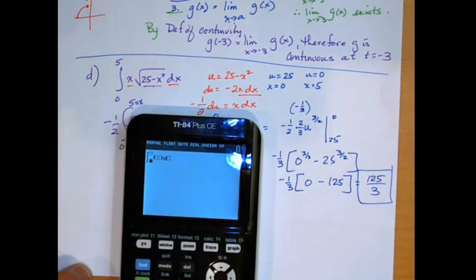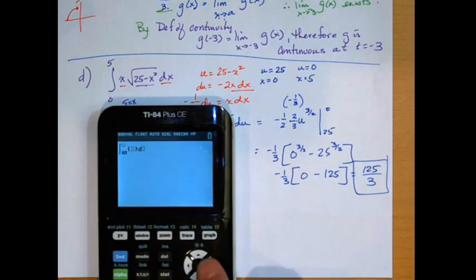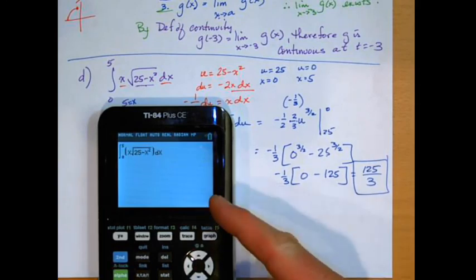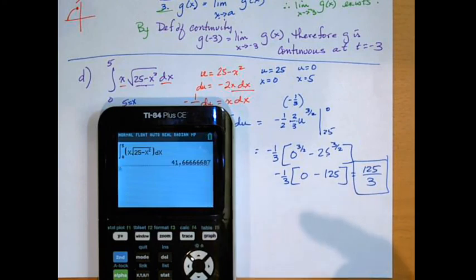So we're going to look at the definite integral from 0 to 5 of x times the square root of 25 minus x squared dx, and it's going to come up with 41.6766666 whatever. That's 125 over 3. Okay, so those two values are going to be the same. So we can leave it like that.